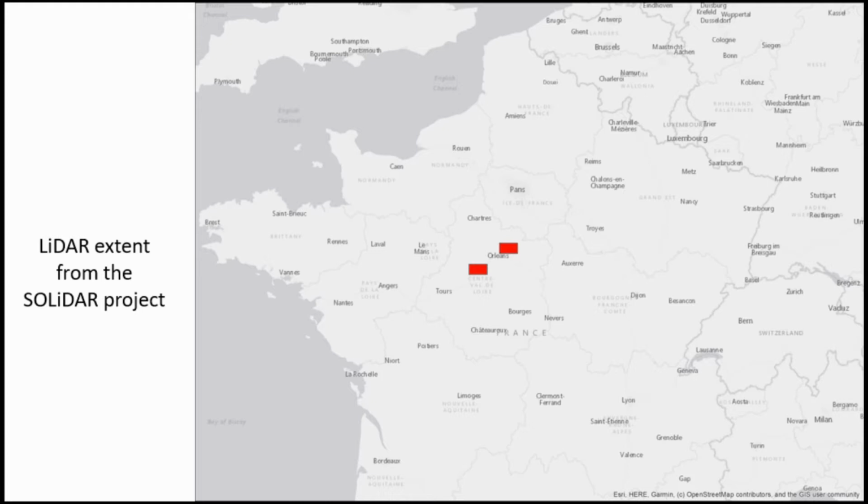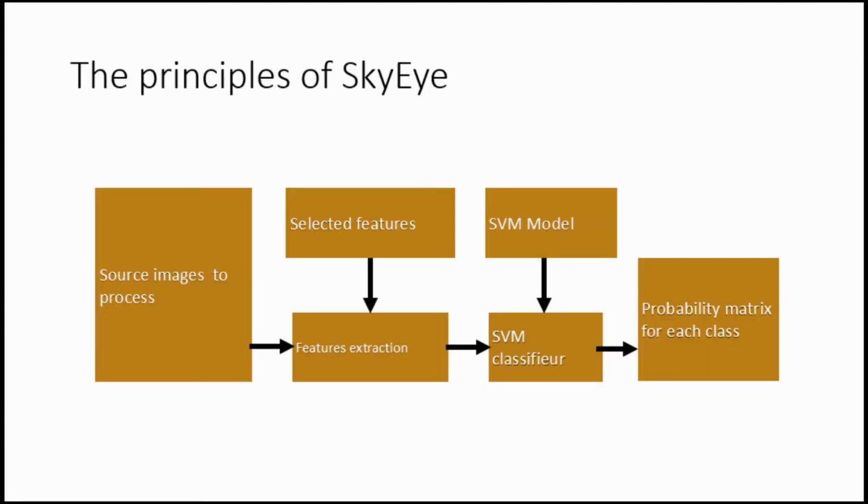For this presentation, I will therefore use two case studies, which are here with the big red squares, from the SOLiDAR project, and another one on the Orion's forest, which is also situated in the center region of France. Very shortly, the tool works with SVM, a support vector machine architecture.